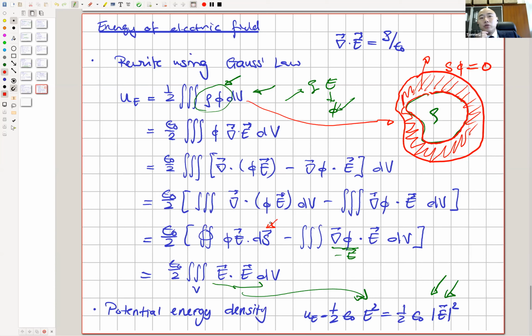What about the potential? How does that fall with distance? 1 over r. Okay, good. How does the surface S grow with distance? R squared. Okay, so that's another way to see it. Here we've got a term that then goes as, that's because your phi tends to 0.